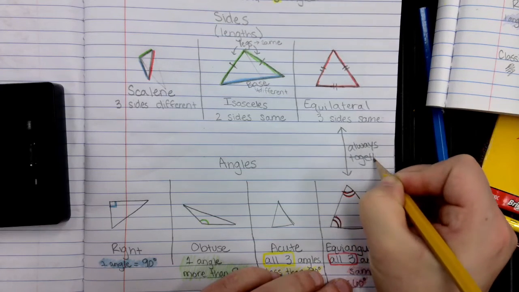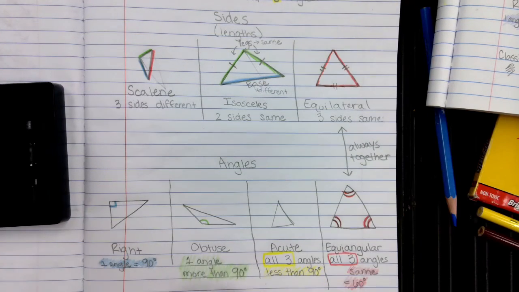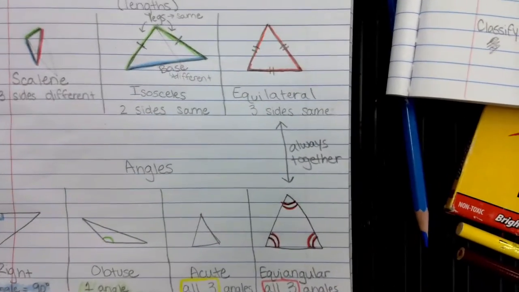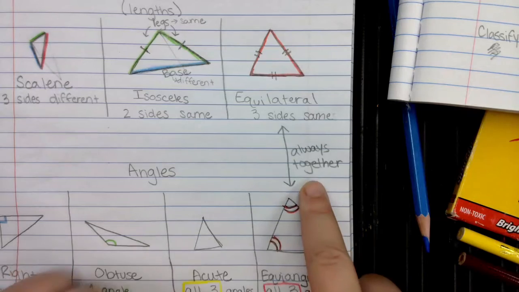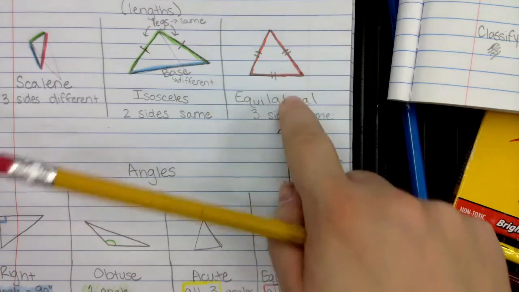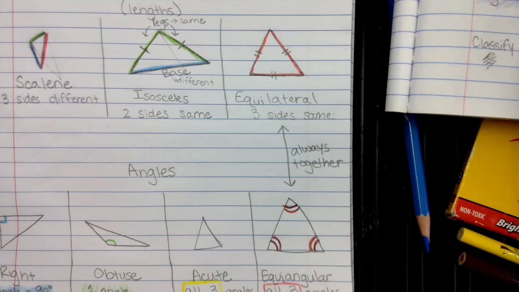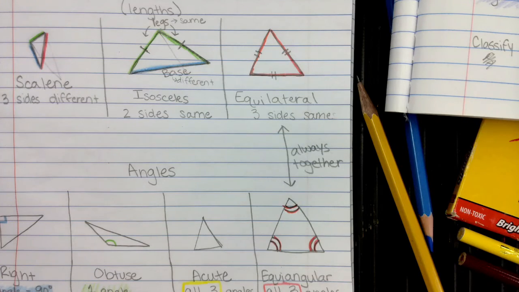So these two are always together. So we could write that as an if-then statement. If a triangle is equilateral, then it is equiangular. If a triangle is equiangular, then is it equilateral. Which we call a biconditional statement. So it goes both ways. Remember that if and only if?